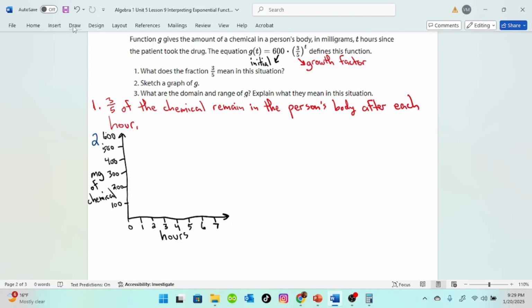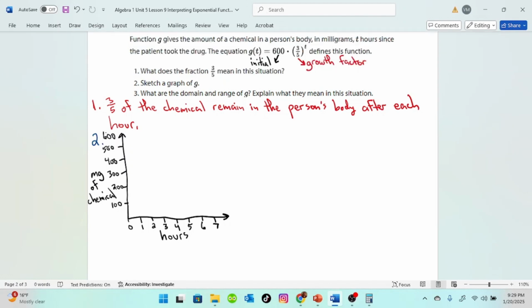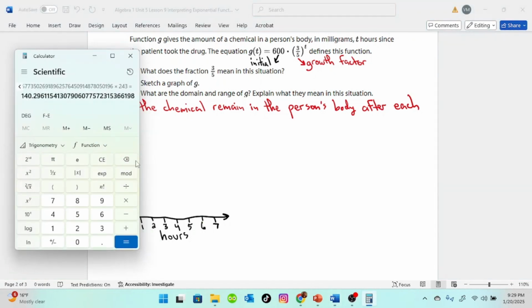So now we can go ahead and plot this. We know that the initial amount is 600, so we can put our vertical intercept up here at the top at 0, 600. Now, we know that we are going to multiply that 600 by 3 over 5, which equals 0.6, and that gives us 360.